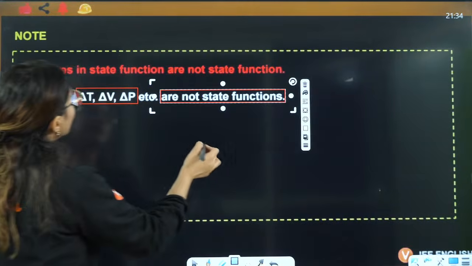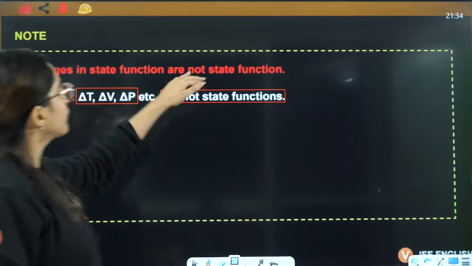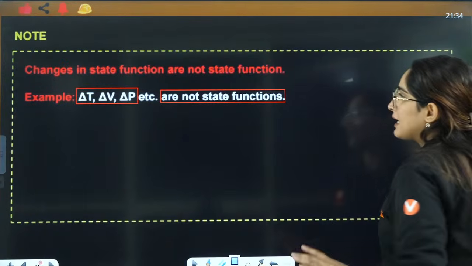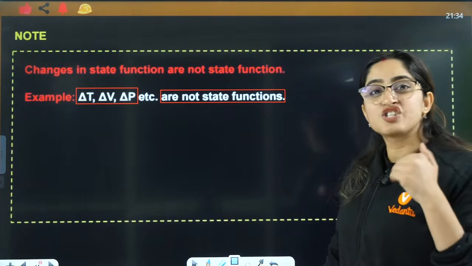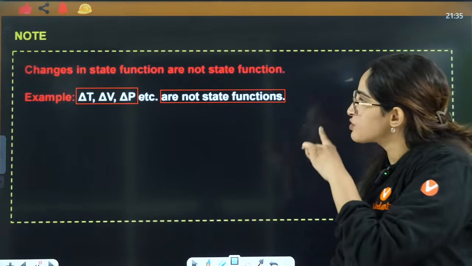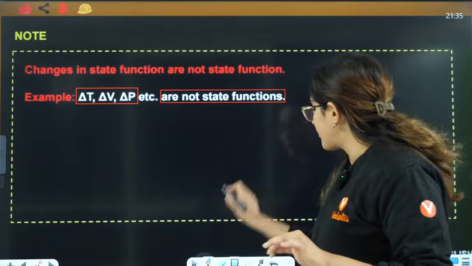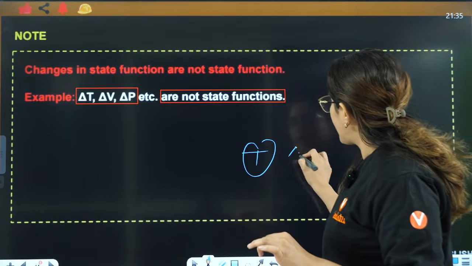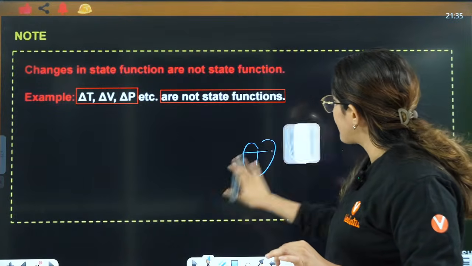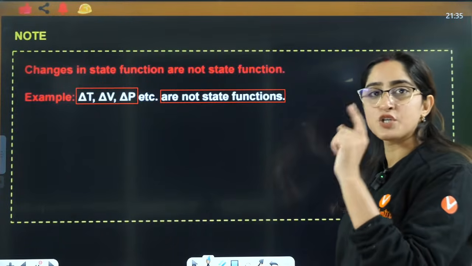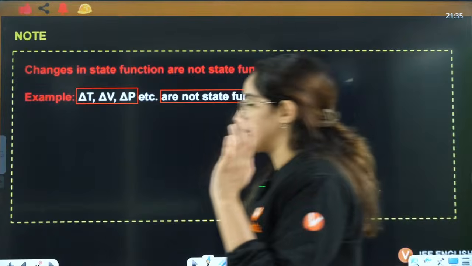So changes in state functions are not state functions. It's a very important statement that if you see the change in the state function, this is not the state function. Temperature T is a state function. Delta T is not a state function. Temperature is a state function. Pressure is a state function. Volume is a state function. You can't just add delta over there, right?